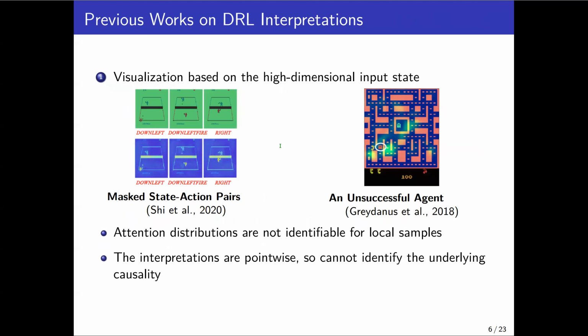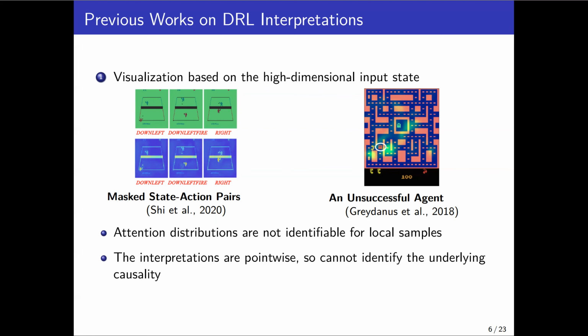The following two examples represent visualized attention maps and a saliency map. The bottom row in the left image shows a sequence of state action pairs masked by the interpretable attention masks. The opponent's position and the net in the tennis game are emphasized in bright areas, and the mask policy uses them to take the next actions. The Pac-Man example on the right side actually implies the agent is not really successful because it doesn't recognize the monster.